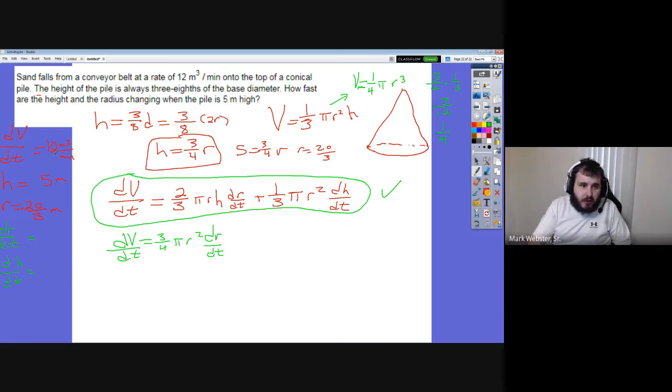So let's look. dV/dt, that's 12, equals 3/4 pi times r squared. Well, r is 20 over 3, so 400 over 9. And we're trying to find dR/dt, so I'm going to make that x.